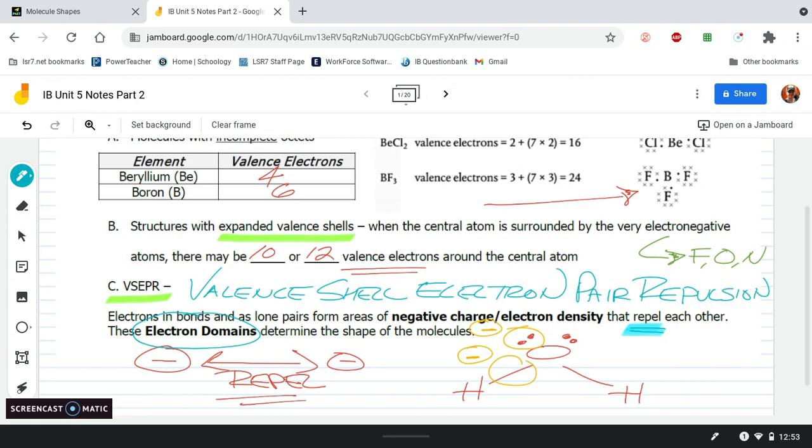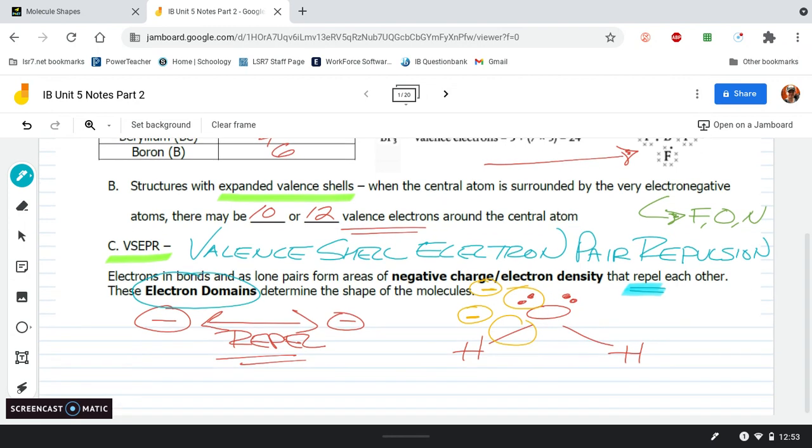So what the heck is an electron domain? An electron domain is a bond, and that can be double, single, or triple, or lone pair, because both of these are going to have a negative charge.